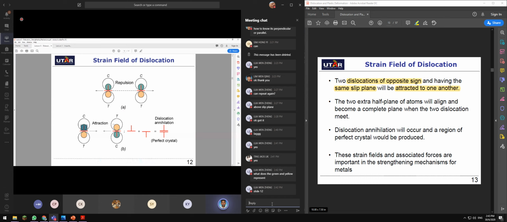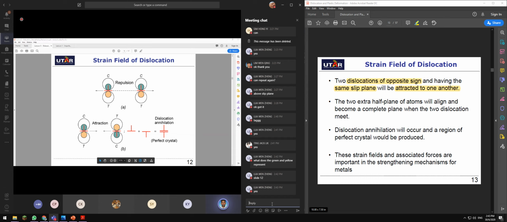This is tensile, all the atoms here experiencing tensile strain because of fewer atoms. Less atoms and more atoms attract each other so the atomic arrangement will be uniformly distributed. That is what I call a perfect crystal. Can you understand now?